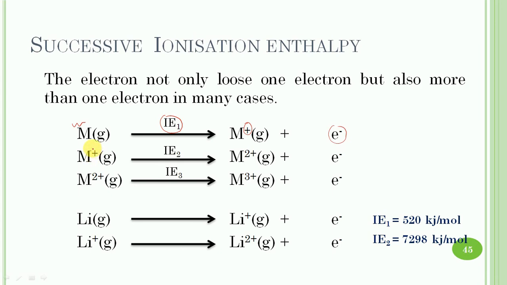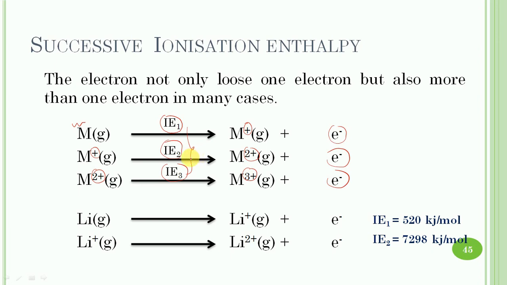Similarly, the removal of the second electron from it is called second ionization energy, and the removal of the third electron from it is called third ionization energy, and all these are called successive ionization enthalpies.